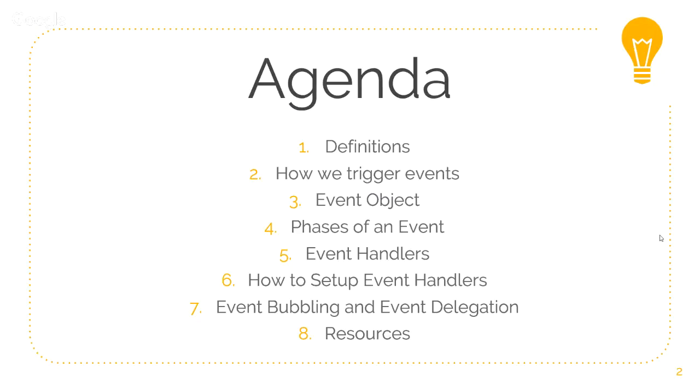Events have life cycles, and those life cycles consist of phases. The event is like a child, and it matures in different phases in which it can do different things. After we've looked at what events are and what properties and methods they have, we'll see how we can handle them. In other words, respond to them. It's very easy to handle an event.